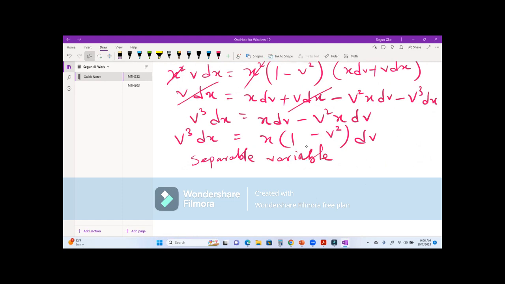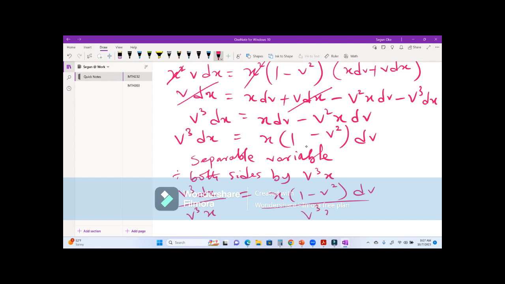We divide both sides by v cubed x. If I divide both sides by v cubed x, what do I have? I will have v cubed dx over v cubed x equals to x in brackets 1 minus v squared dv over v cubed x.